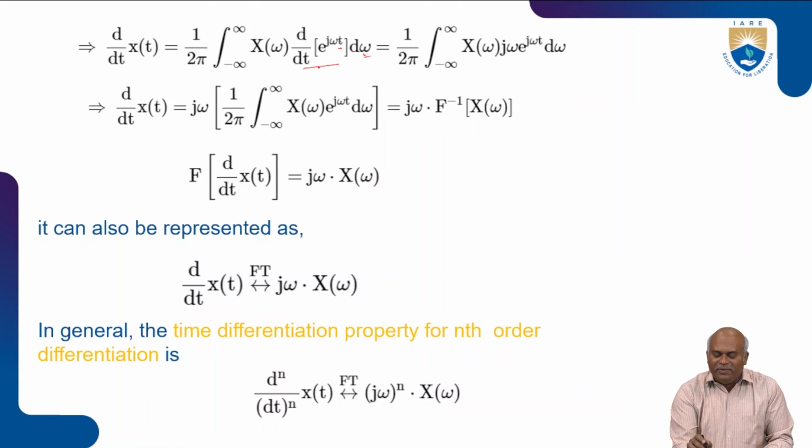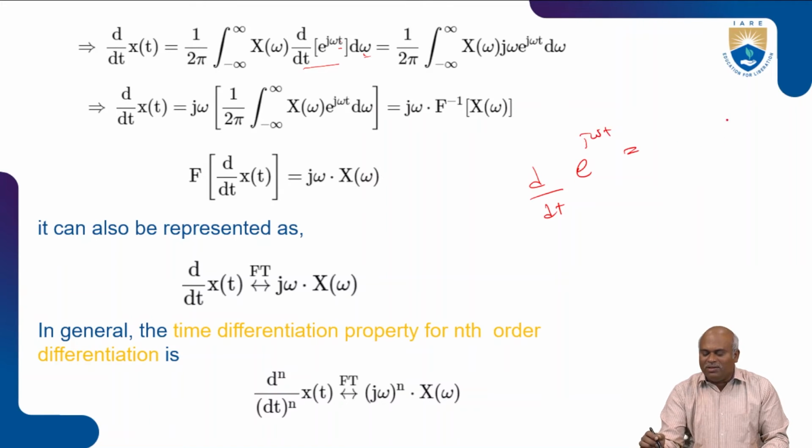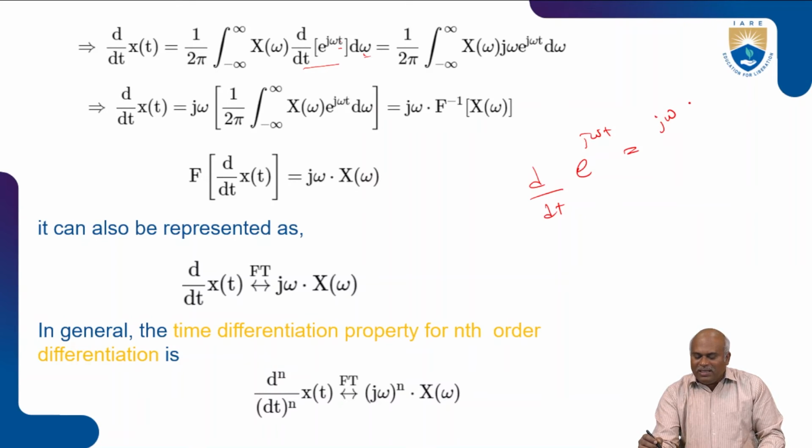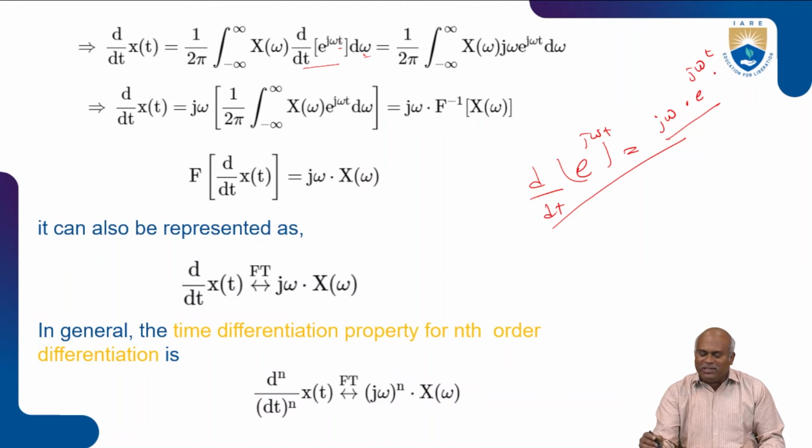Now, if we differentiate, d/dt of e^(jωt) is equal to jω e^(jωt). So if we differentiate e^(jωt) in the time domain, we get jω multiplied by e^(jωt).